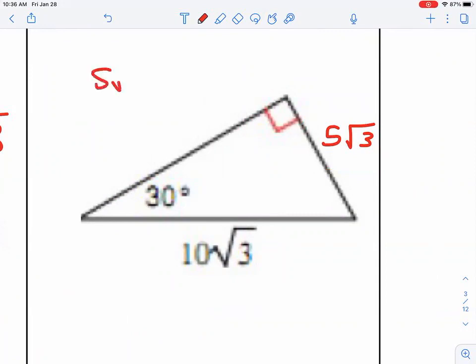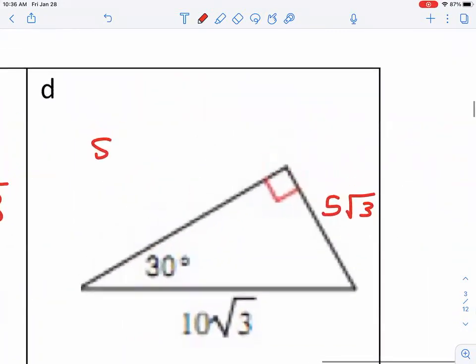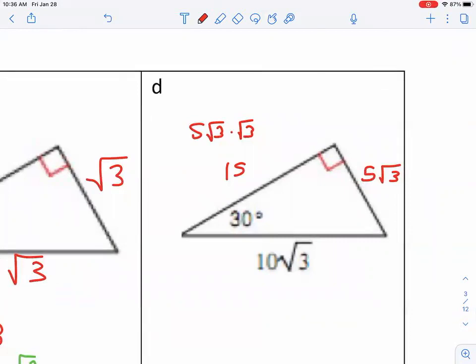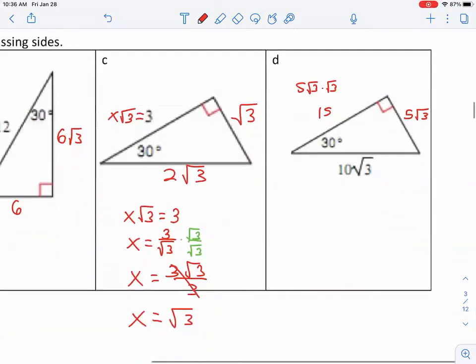So it's 5 root 3 times the square root of 3, which is 15. So they are shortcuts, but we do still have to do a little thinking there, of course.